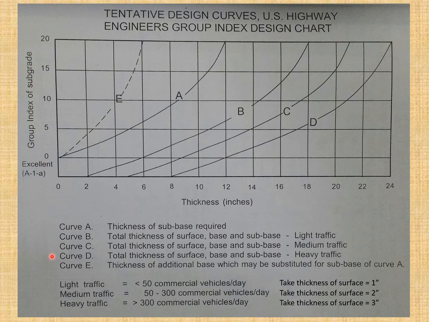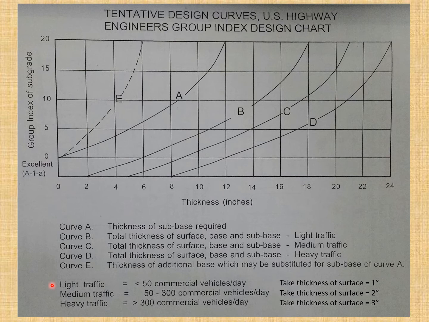And curve D is meant for the total thickness of surface, base and subbase in the case of heavy traffic. And this is curve E, that is to be used in case 2. You can use this curve to get the thickness of additional base which may be substituted for subbase of curve A.